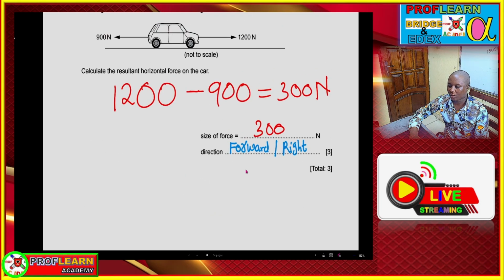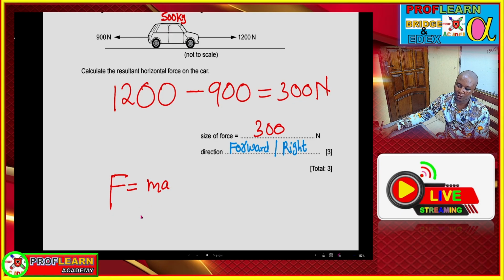Now, in the event you are told to calculate the acceleration of the car, if the car was having 500 kgs, in order for you to find acceleration, you are going to use the formula force is equal to mass times acceleration. Meaning that acceleration is going to be equal to force, which is the resultant force 300, divided by the mass, which is 500.